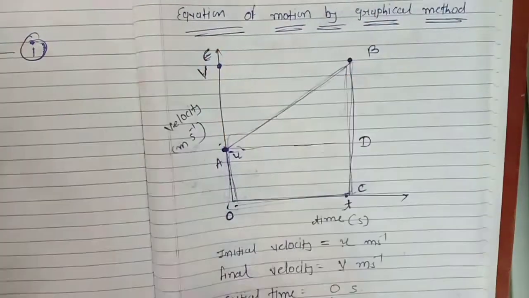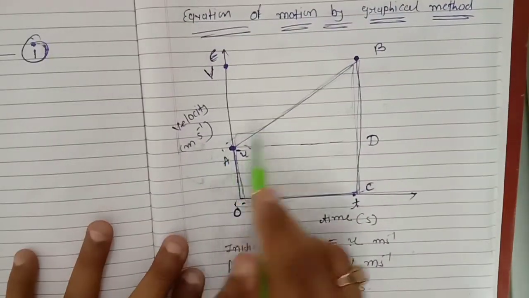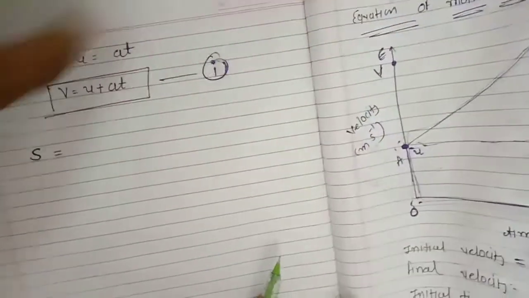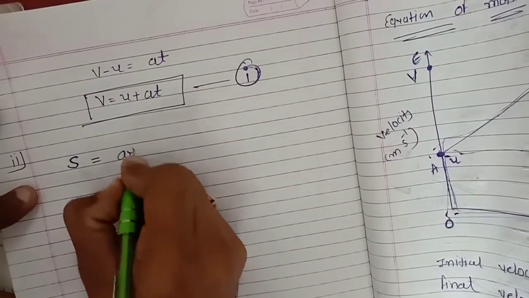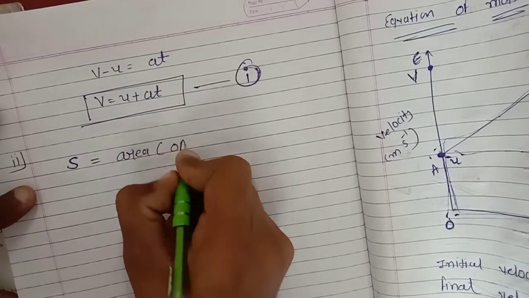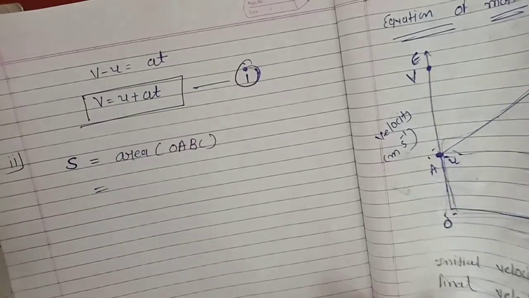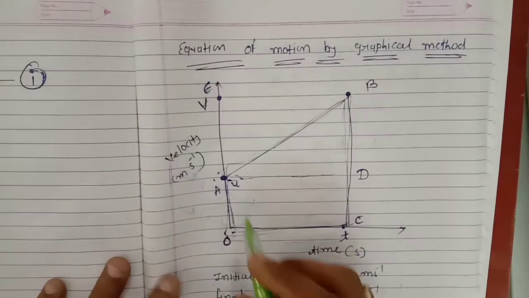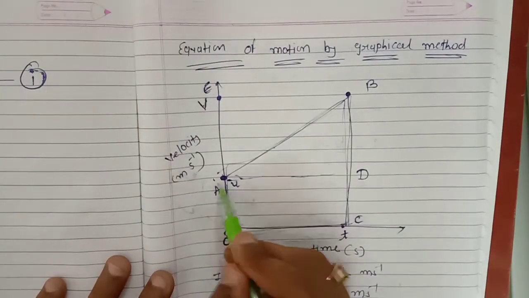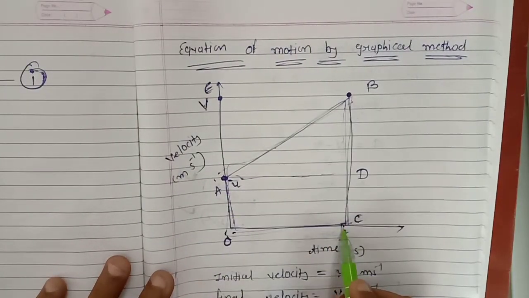So this one is a trapezium. So I find the area of O, A, B, C.